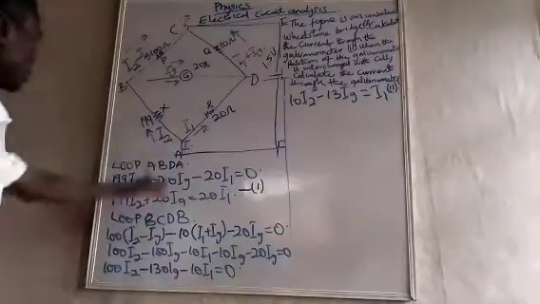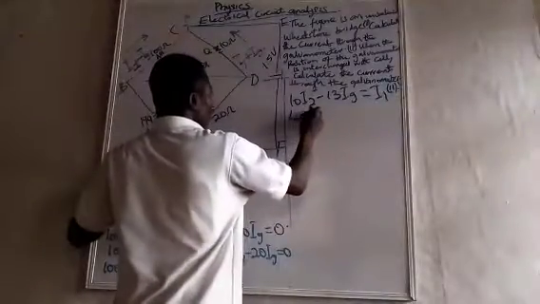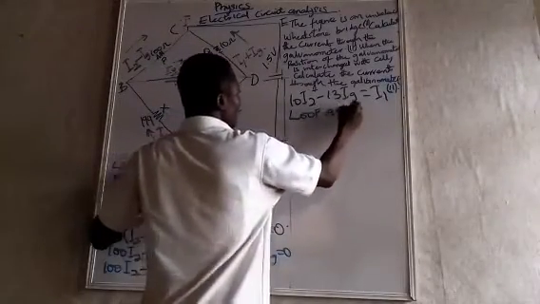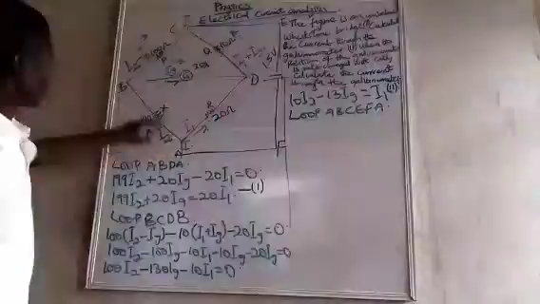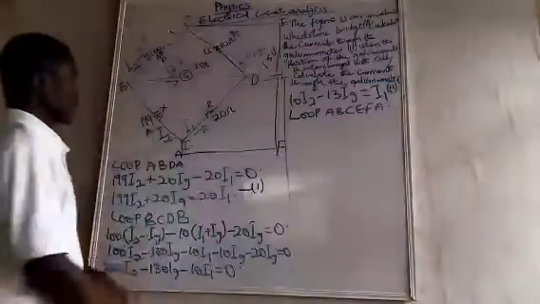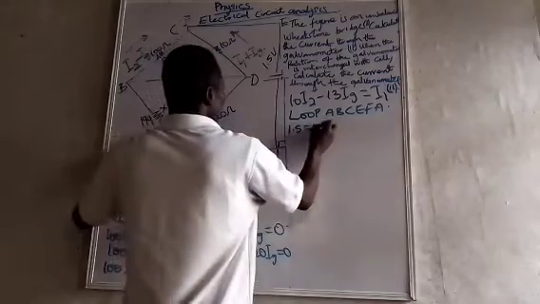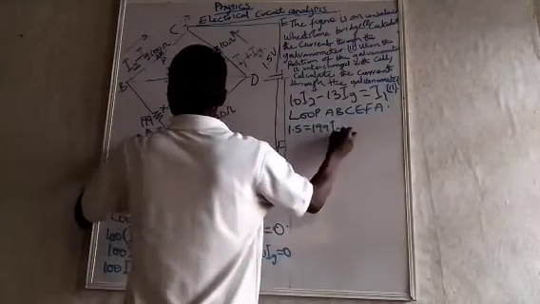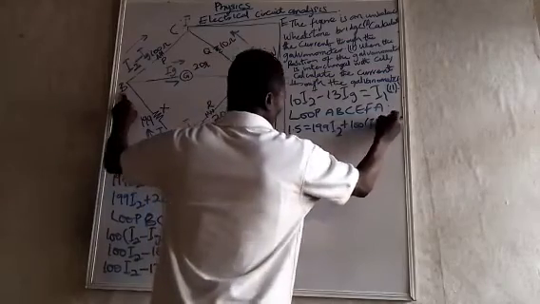Now let's look at another loop, loop ABCEFA. So look at it. It flows straight, flows like this, and then it comes down. So I can now say 1.5 is equal to 199 I2 plus 100 into I2 minus IG.